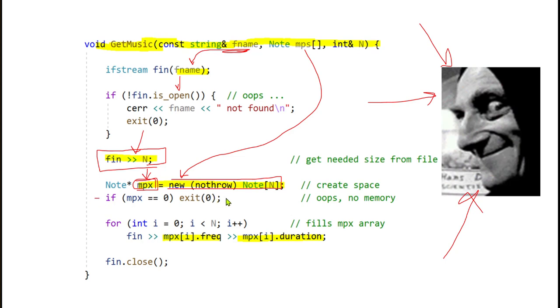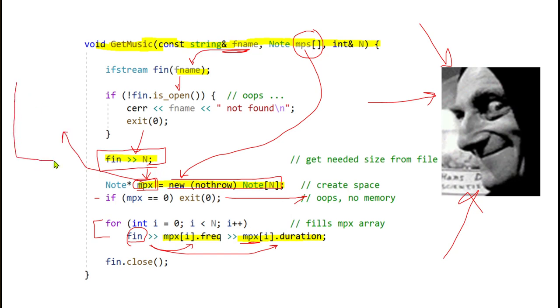Next, if something goes wrong, we just crash. Whoops. And then we go to the file and get the data and fill up MPX. And I tell you where MPX is living. MPX is somewhere, I don't know where, in memory. And it's really big. And I also return back n, so you know where the song is and you know how large the song is.